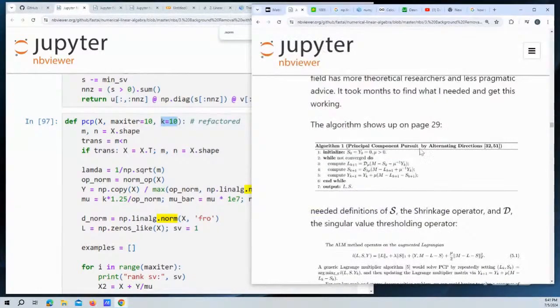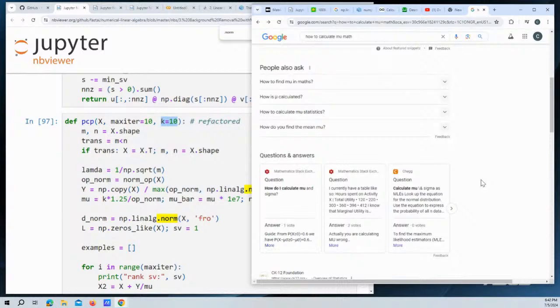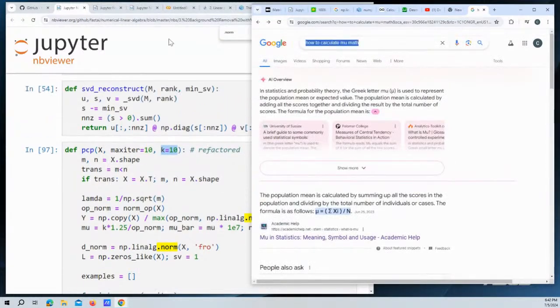The reason why we're setting k to 10, I guess you can change your sub. Okay, got it. So this is the k. K is 10. We can change this because it's a sub. And we're going to go k plus 1 would be like 11. So why are we multiplying 1.25 over the norm to get mu? Let's see.